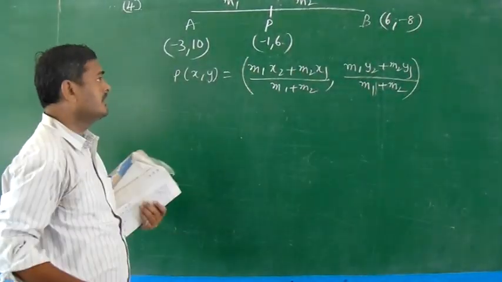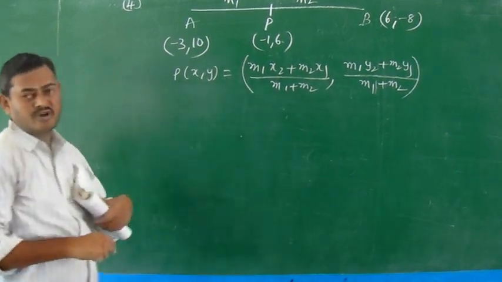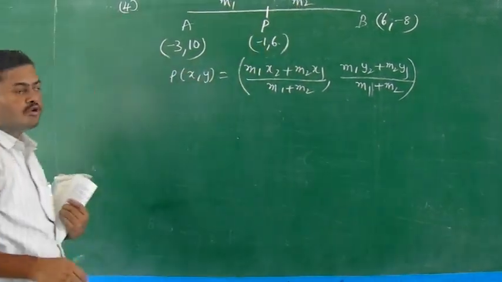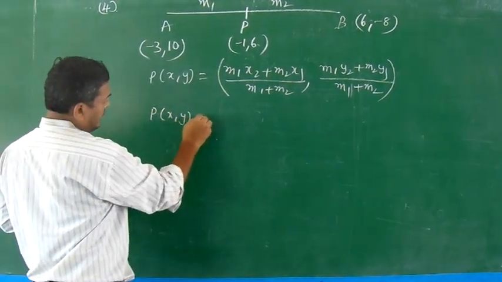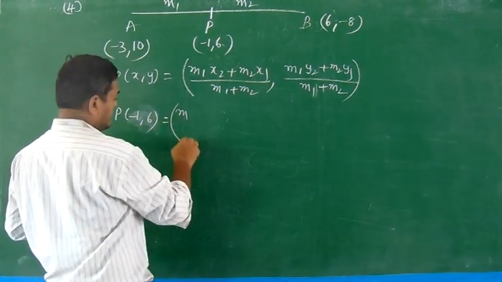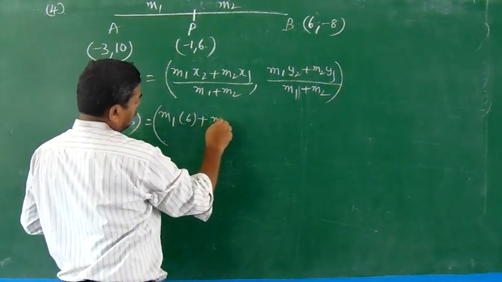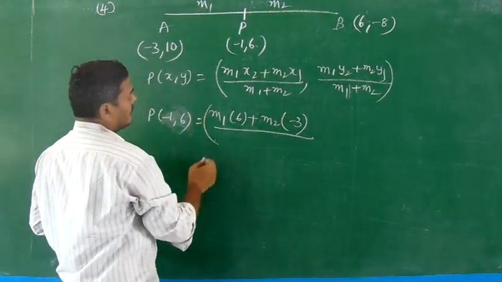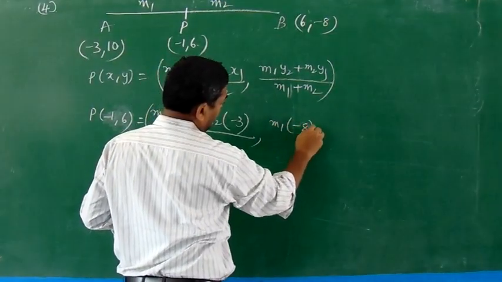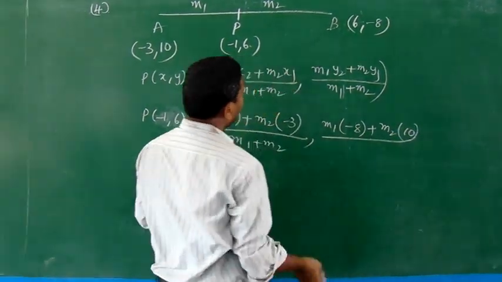Here A is given, B is given, and the dividing point P is given. In the previous sums we found P, but in this sum P is given and the ratio is not given, so we are going to find the ratio. P(x, y) is already given: minus 1 comma 6 equals m1 into 6 plus m2 into minus 3 by m1 plus m2, comma m1 into minus 8 plus m2 into 10 by m1 plus m2.